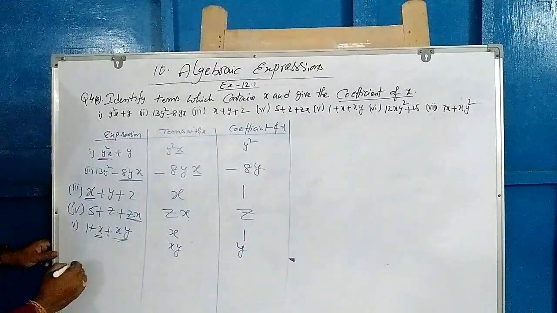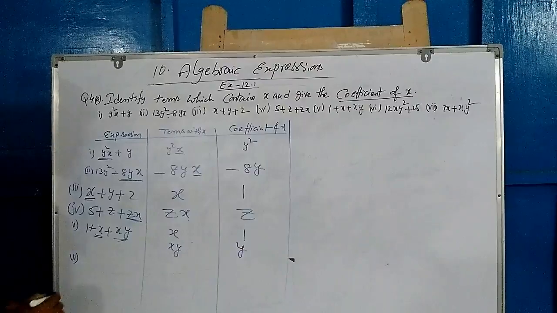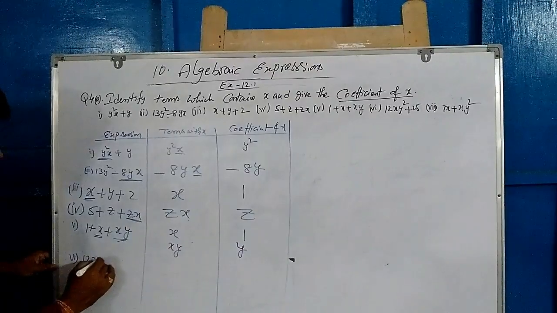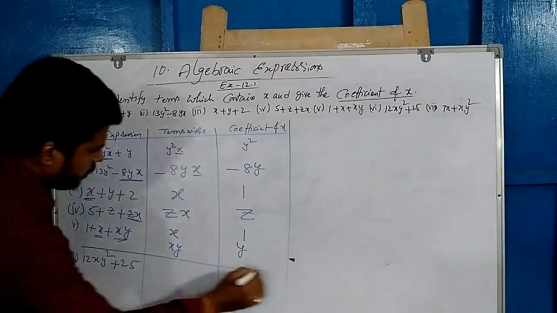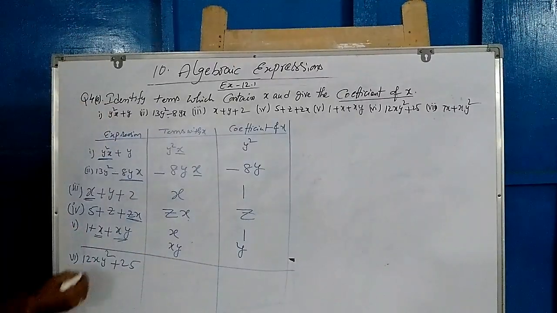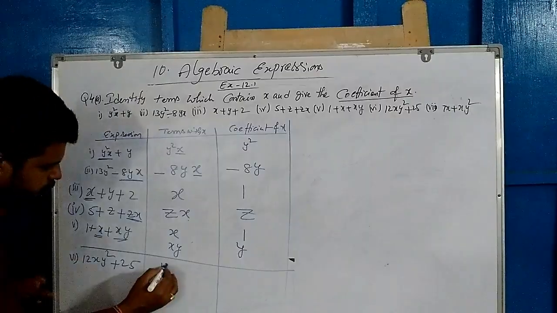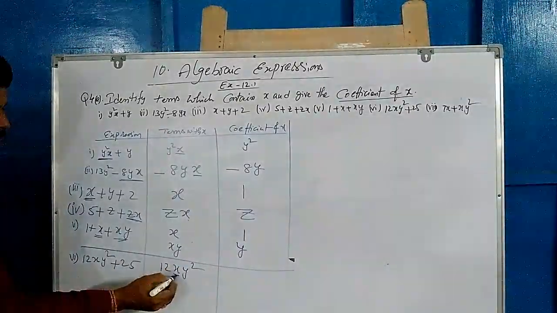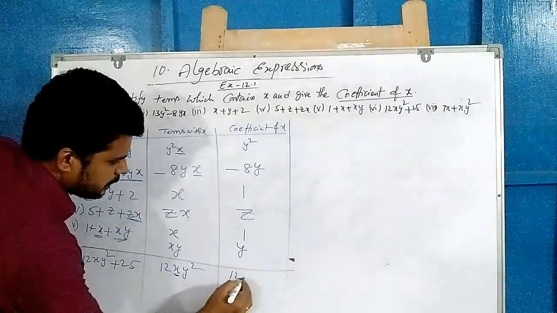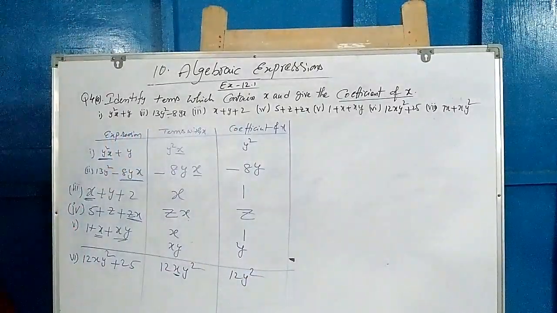So next, what is the next one? 12xy square plus 25. What is the x term? 12xy square. So x is multiplied with 12y square, so 12y square is the coefficient.